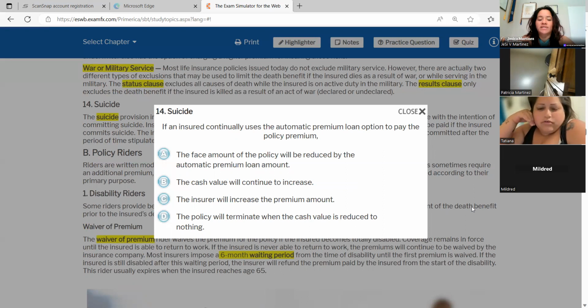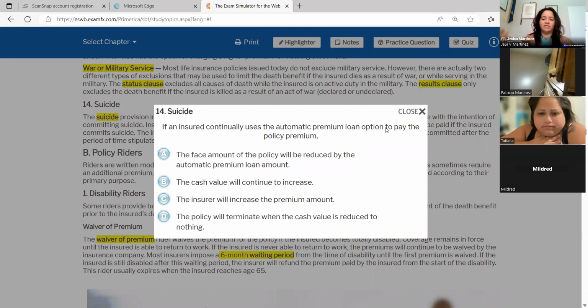If an insured continually uses the automatic premium loan option, just stop there and think, what is the automatic premium loan option? It's that clause they put into cash value policies that says if you lapse on your policy after 30 days of that grace period, we can go ahead and grab from your cash value to pay the insurer.